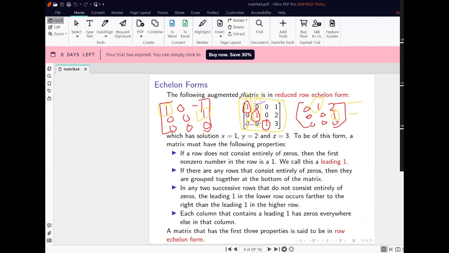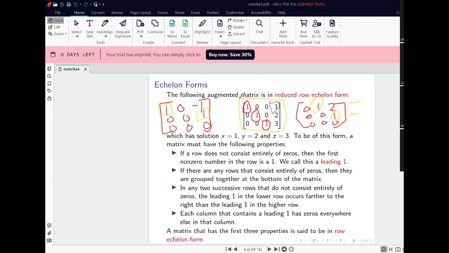And in the third row, which also contains a leading one, it has zeros everywhere else. What about column number 4? It does not contain a leading one, so we can skip it. I mean column, not row.